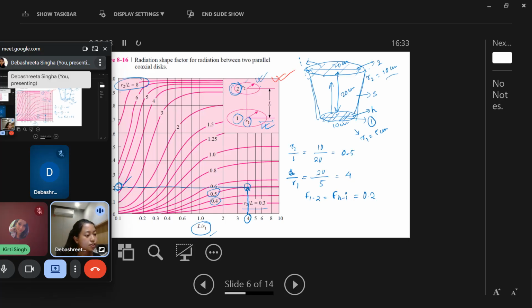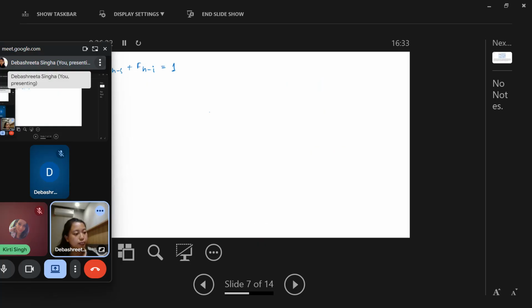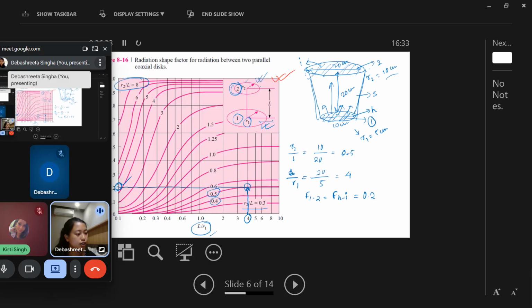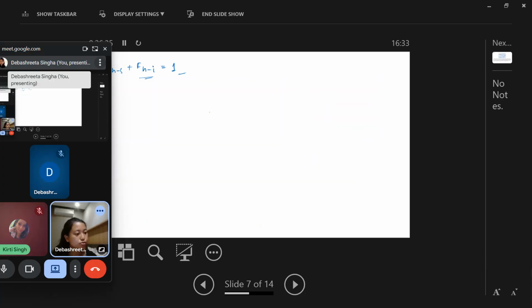So how much this H is radiating is received by the conical surface, that means this shield, and also by this top surface I. So FHS plus FHI is equal to 1. This is the complete radiation. We already calculated FHI here as 0.2. So FHS is 1 minus 0.2, that is 0.8. So we can now easily calculate QHS.